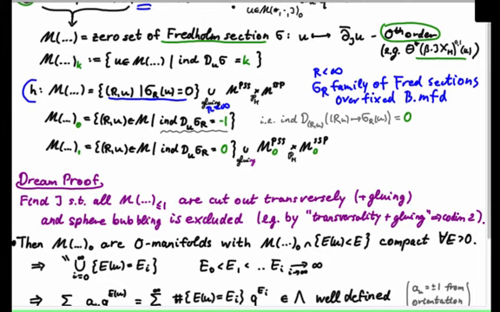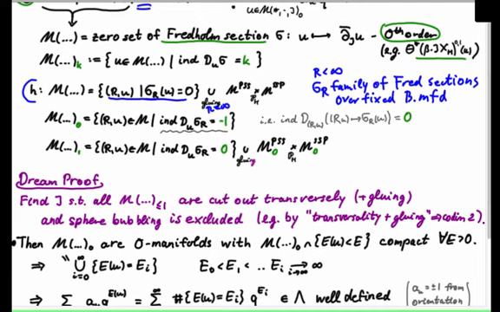So the dream would be that I find one almost complex structure on my symplectic manifold, so that at least up to index 1, all of these moduli spaces here are cut out nicely transversely, and the gluing works for H, and there's no bubbling, like sphere bubbling, that I might have to deal with.